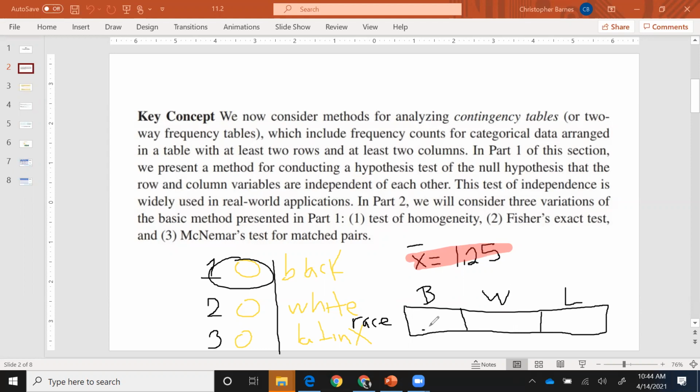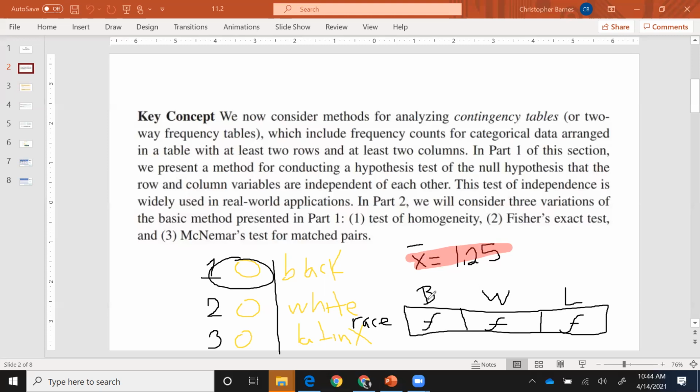And then we got a certain frequency right here. We have the number of people who said they were Caucasian, the number of people who said they were white. Like last week, we could do a goodness of fit test to find out whether we think there's more Black than white or Latinx at our campus. We're able to do that.